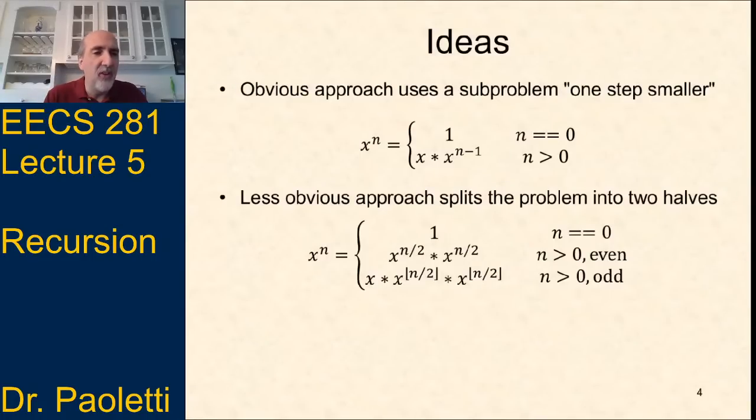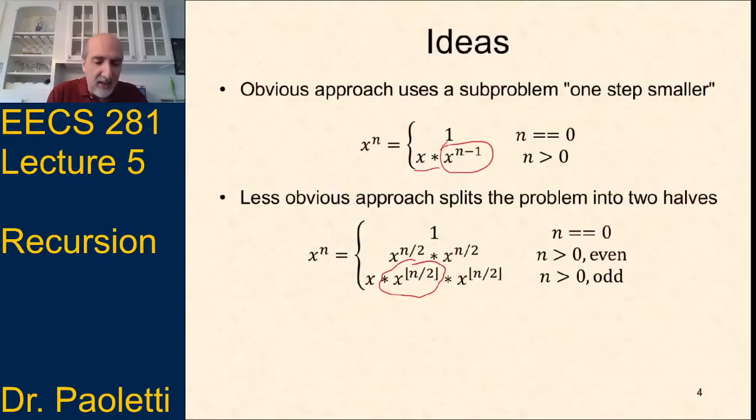The first one solves the exponent by doing a multiplication with a recursive call that's a size 1 smaller. And then the logarithmic solution solves it by splitting the problem. We make this recursive call and we multiply it by itself.